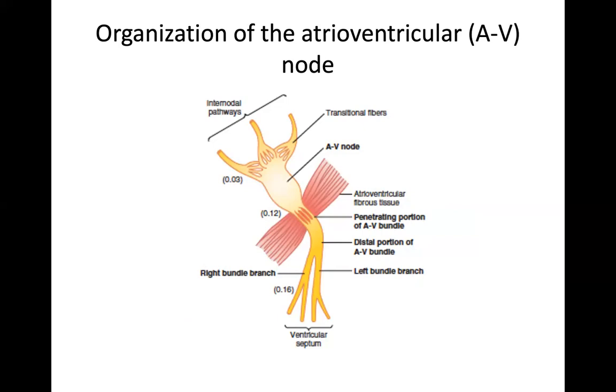These fibers are similar to the even more rapidly conducting Purkinje fibers of the ventricles. It acts as an insulator to prevent passage of the cardiac impulse between atrial and ventricular muscle through any other route besides the forward conduction through the AV bundle.